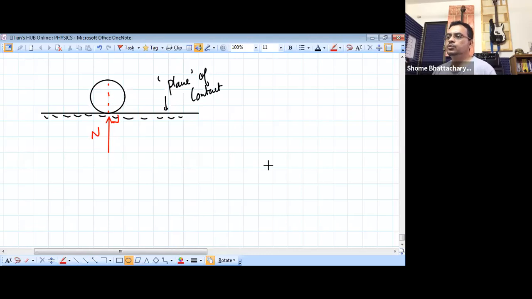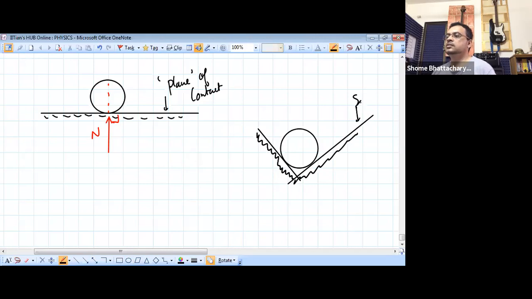Similarly, you have a cylindrical object which is resting against one surface like this and another surface like this. Suppose I have some situation like this. It's resting against surface 1, let's say, and this one is surface 2. So at the point of contact here, how will the normal reaction act?